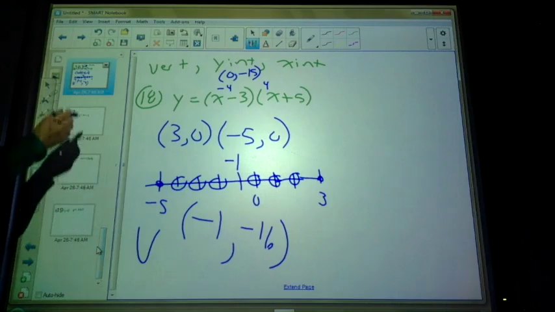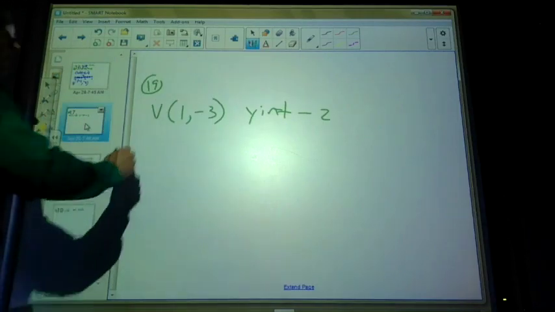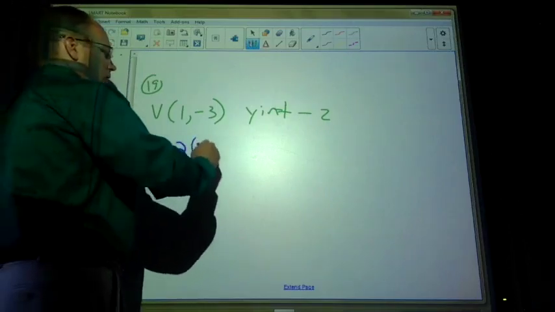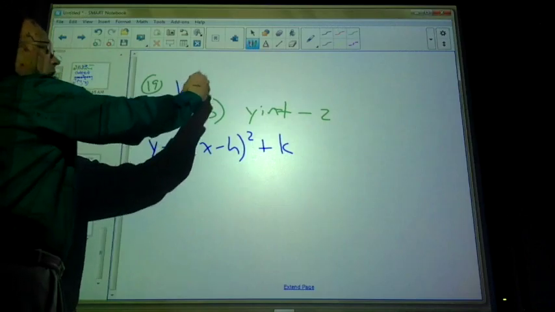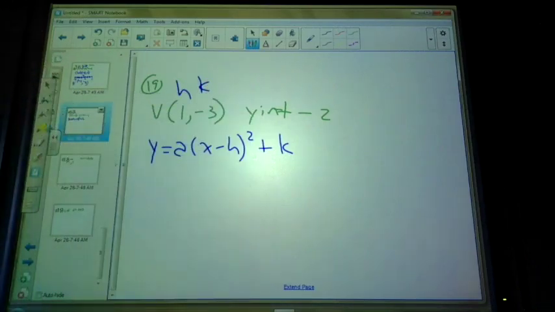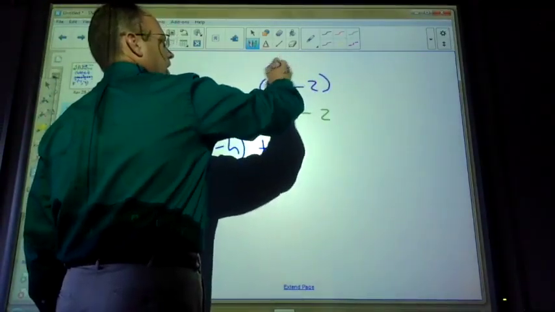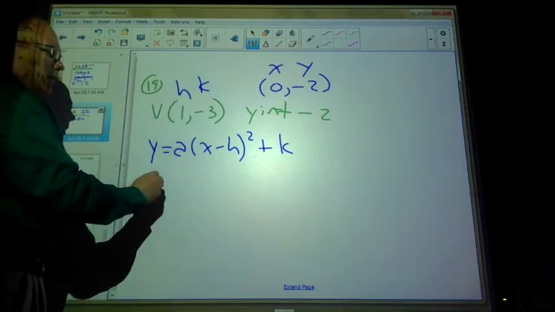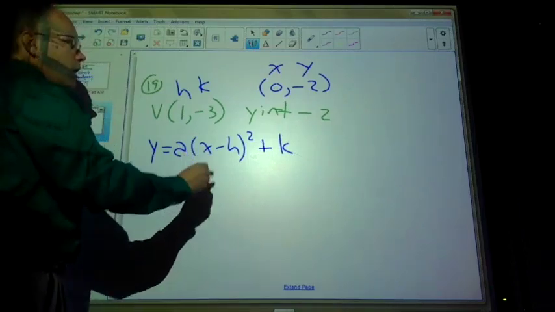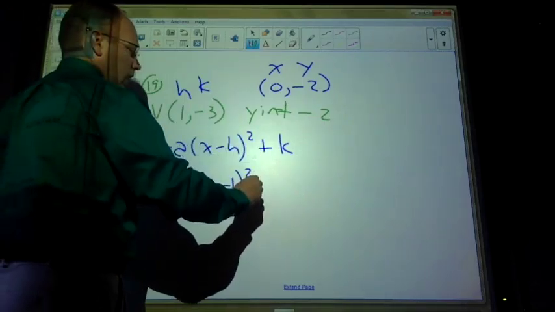And the solving ones. Alright, so for vertex, so we've got to go y equals a, x minus h squared plus k. So I've got h, k. And our y-intercept is at -2, so that's the point 0, -2. So that's an x and a y value. So let's plug them in. So I got -2 is equal to a, I don't know, x is 0 minus h, which is 1 squared, plus k.